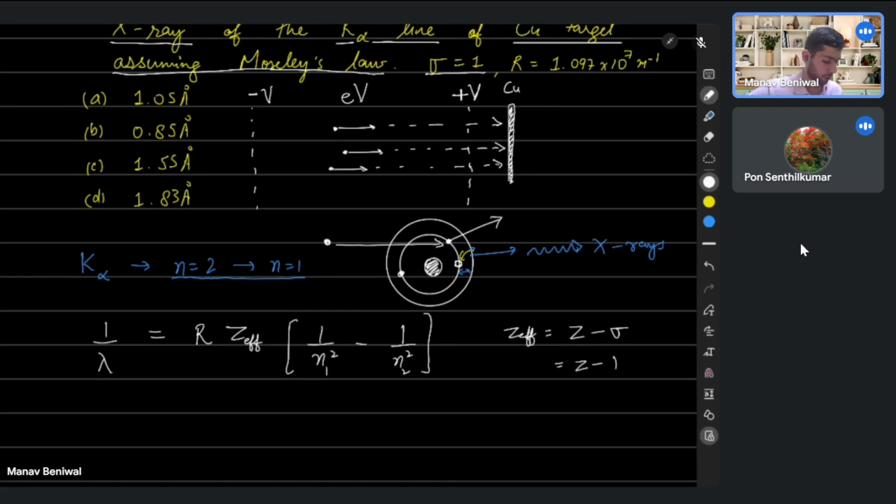For copper, Z is 29, its atomic number. So Z effective will become 28. And we are already given the value of R. Let's put in all the values.